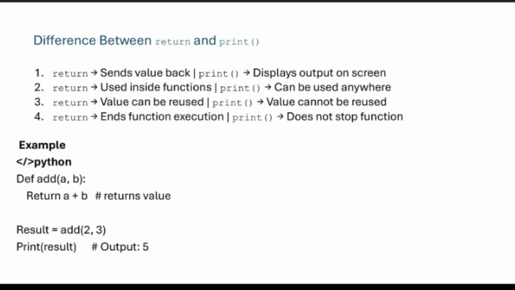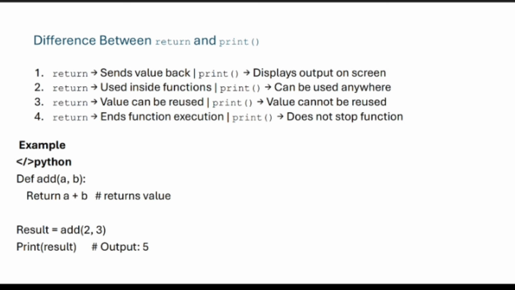The difference between return and print: return sends back the value, but print displays the output on screen. Return is used inside the function and can be used anywhere; the value is reusable. Print's value cannot be reused. Return ends the execution, print does not.